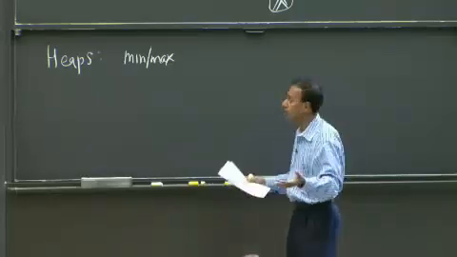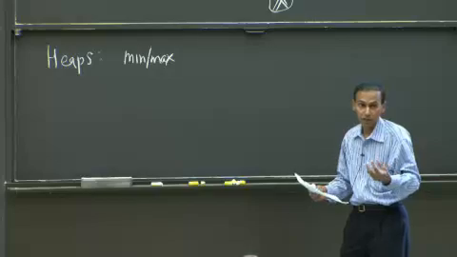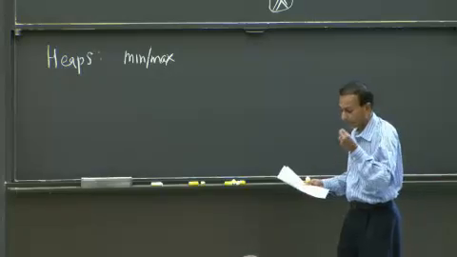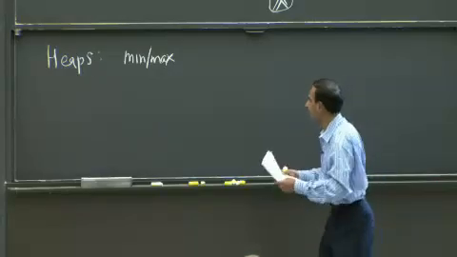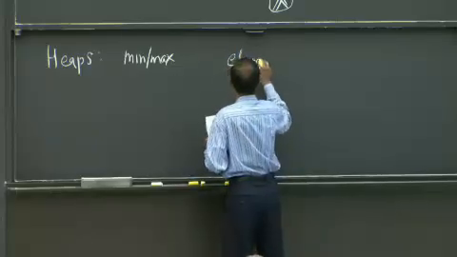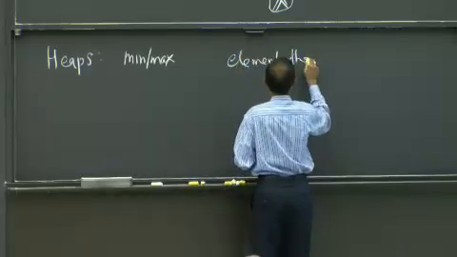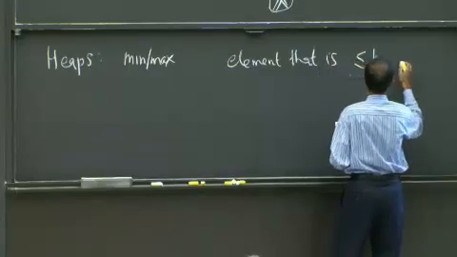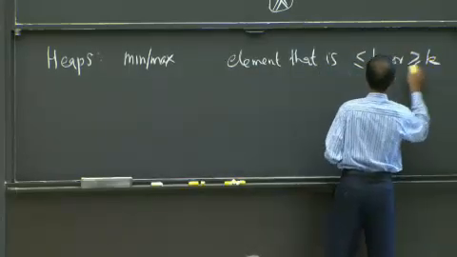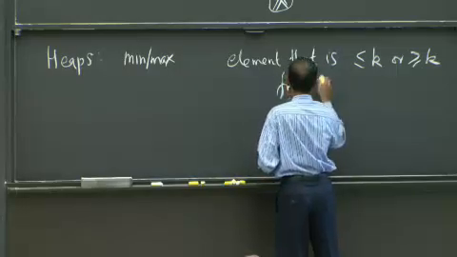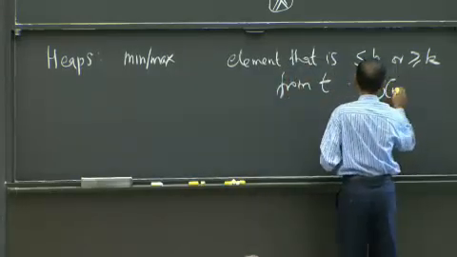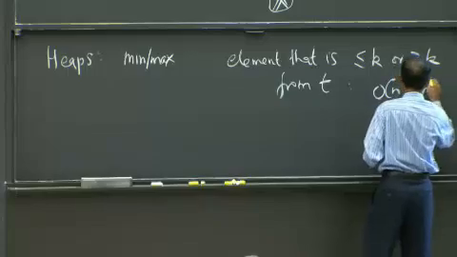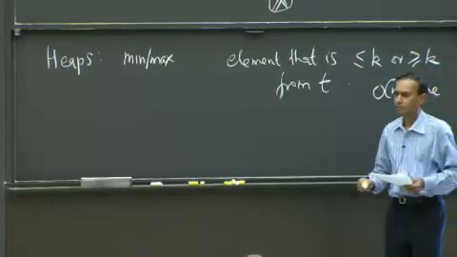But if you want to see if there's an element in the heap that is less than or equal to or greater than or equal to t, this is going to take order n time. Okay? Good.